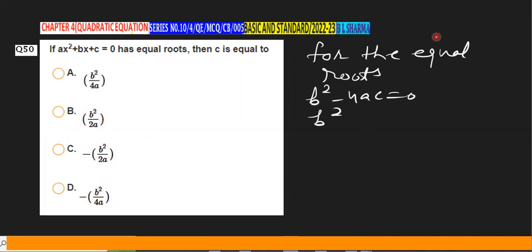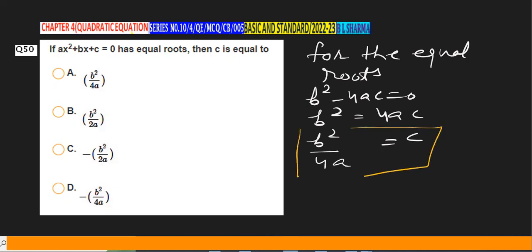Or we can write b squared should be 4ac. Then c should be equal to b square upon 4a. So the value of c will be b square upon 4a, and option A is the correct answer.